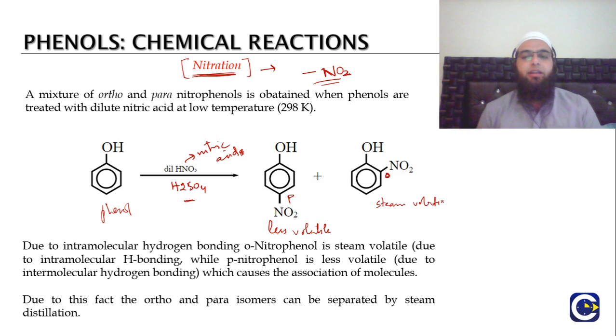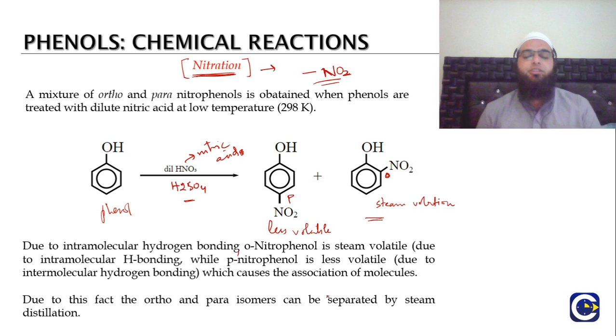It can be separated from this mixture by steam distillation. That's why, due to the intramolecular hydrogen bonding, the ortho nitrophenol is steam volatile, while the para nitrophenol is less volatile due to the intermolecular hydrogen bonding, and this causes the association of the para product molecules.